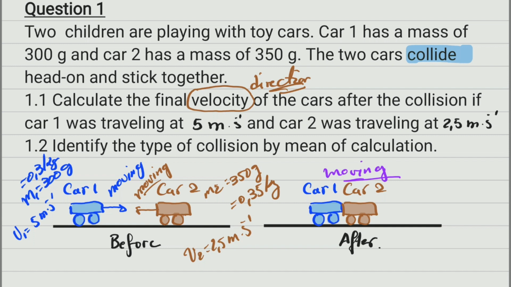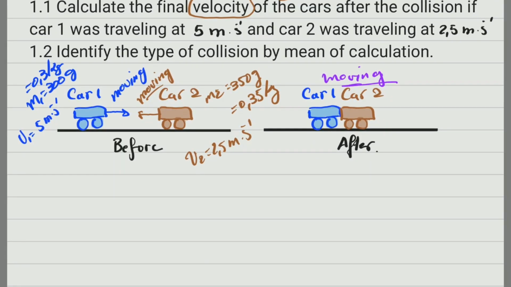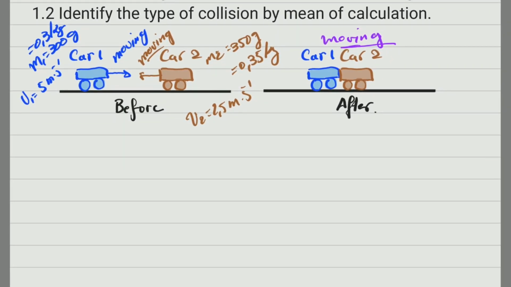Now, to do this one, guys, we have to apply the law of conservation of linear momentum. We cannot use conservation of kinetic energy because we don't know if the collision is elastic or inelastic. So I'm going to fast forward the solution for this part because it's been done in many videos. Please go and watch the videos.